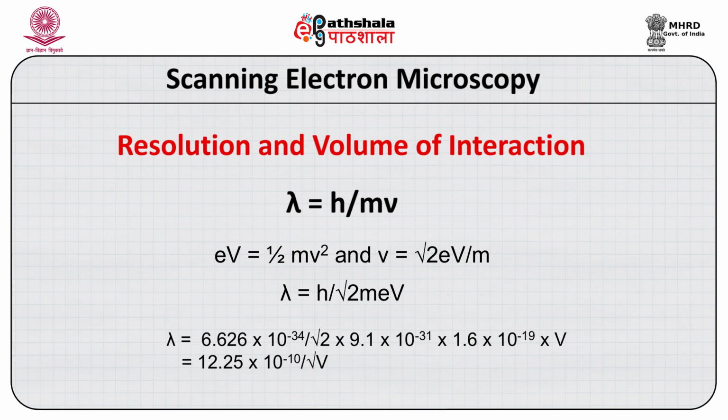For an accelerating voltage of 10 kilo electron volt, the wavelength of electron beam works out to be 12.25 picometer. As you can see, this is significantly lower and provides much higher resolution than optical microscope, and for a 100 kilo electron volt beam it is 3.87 picometer.